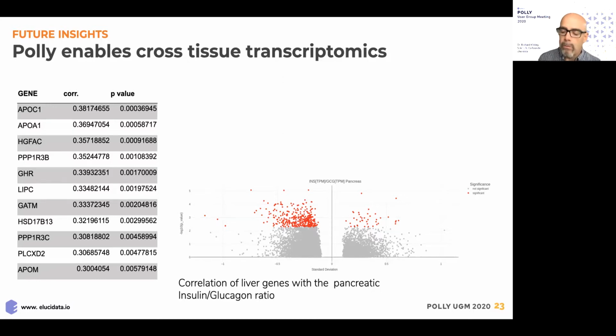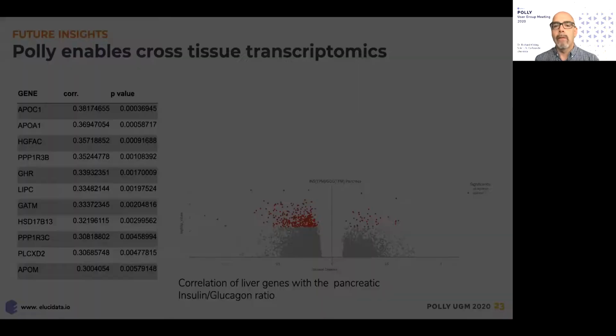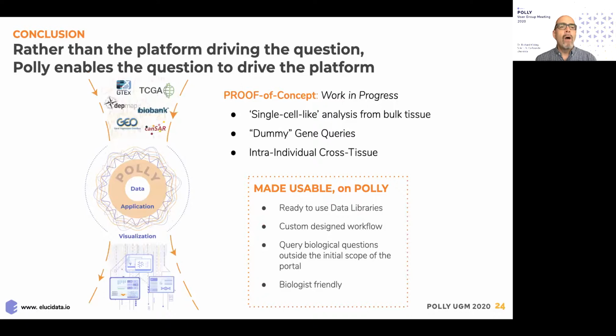And that is really the power of being able to use Poly to develop your own workflows to mine some of this data. So in conclusion, rather than letting the platform drive your questions, Poly enables the question to actually drive the platform.